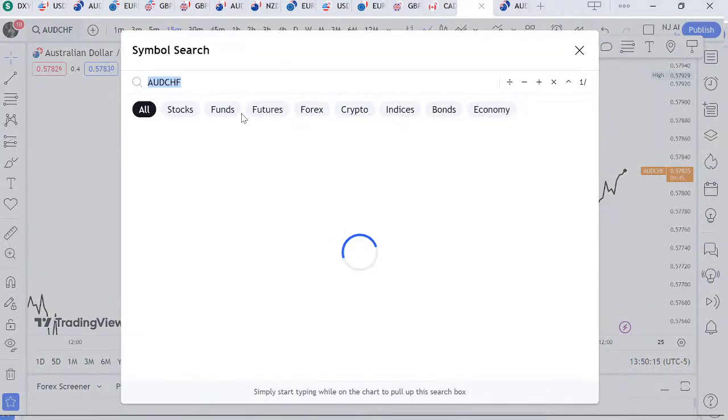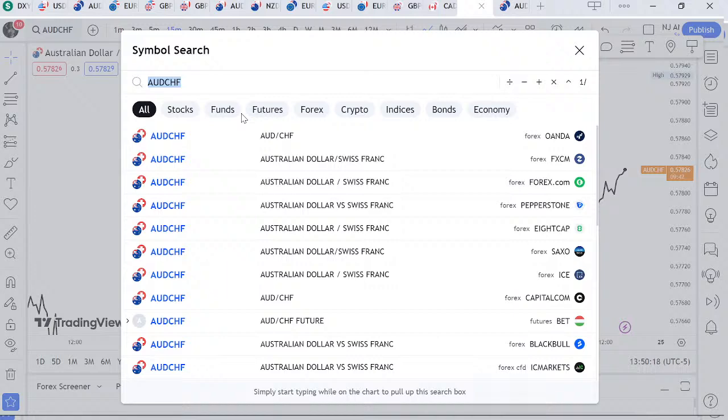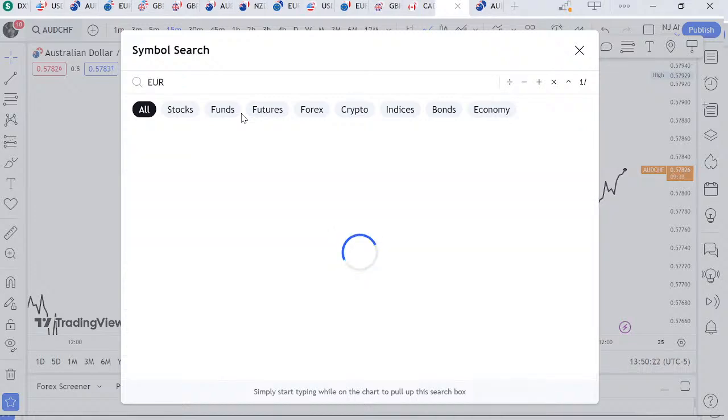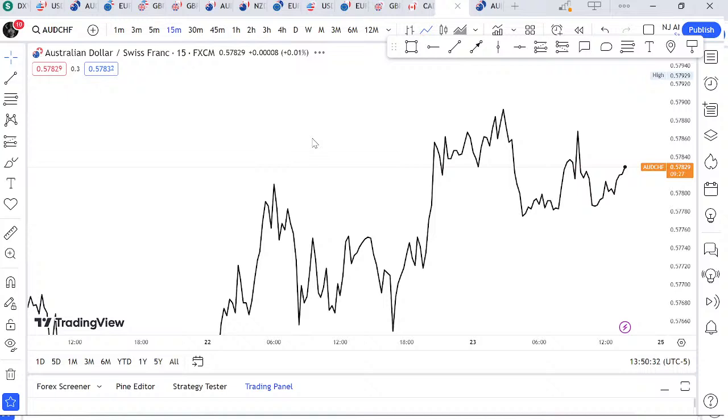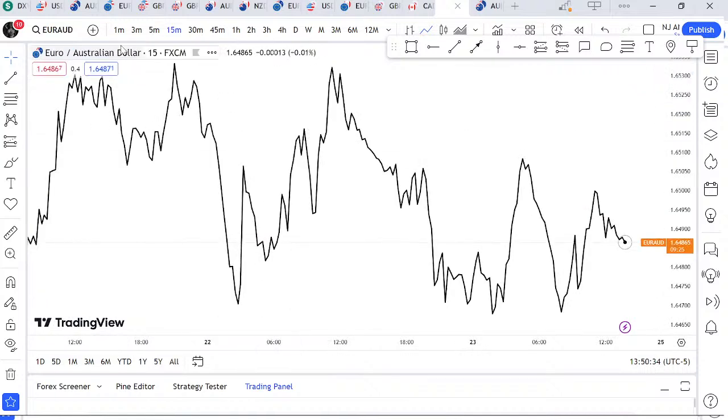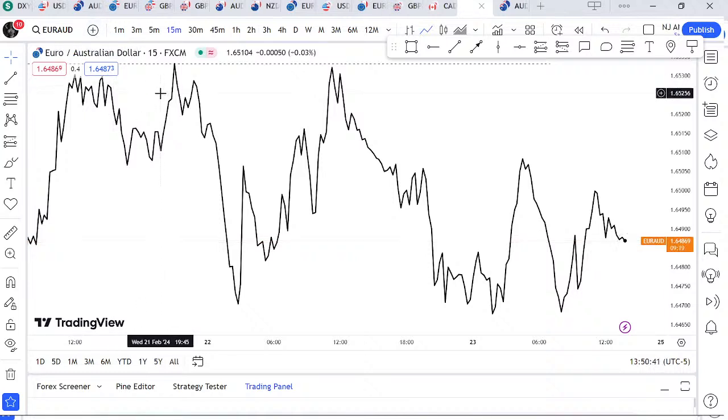The first pair is Euro AUD, that is Euro FX against the Australian dollar. The second pair that is negatively correlated with it is AUD NZD.